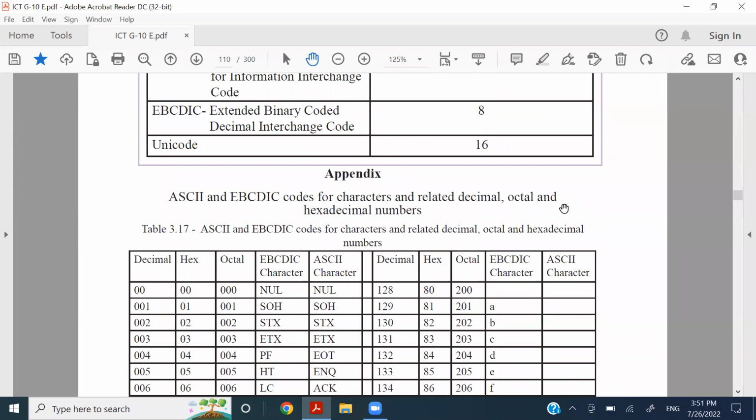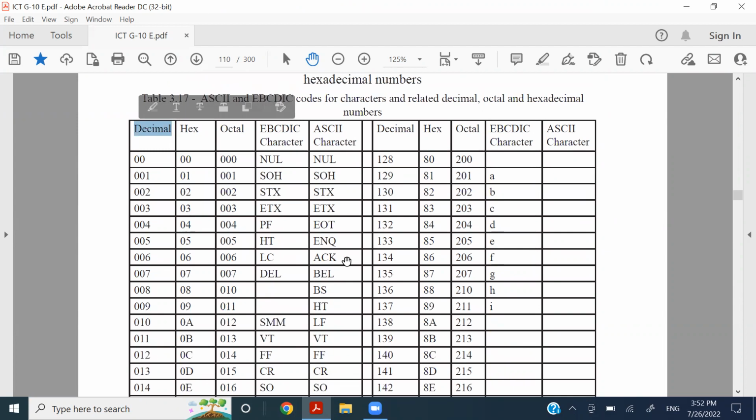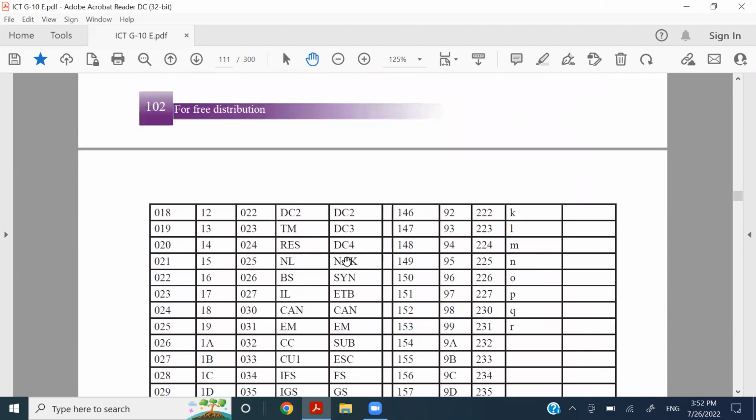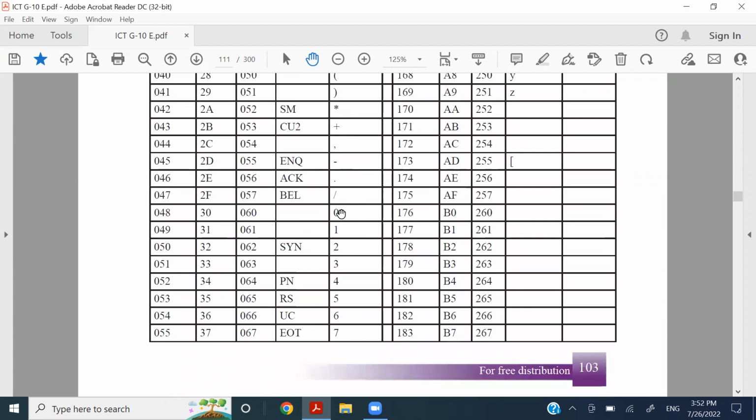But I want you to concentrate on these ASCII characters and the decimal numbers regarding them. If you scroll down, you will find the numbers over here, 0, 1, 2, 3. These are the ASCII characters. That means to represent the 0 in ASCII.